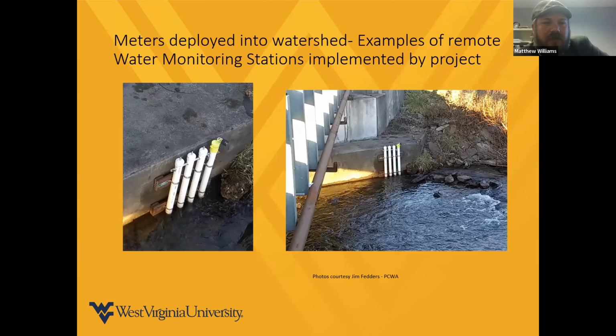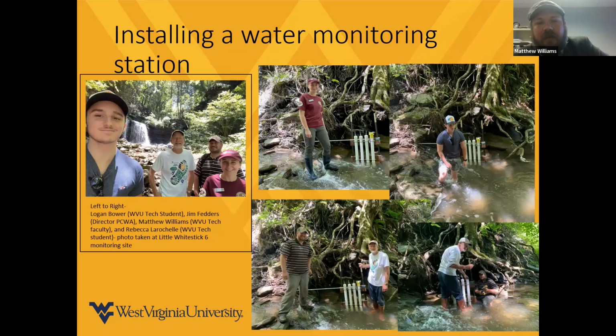I did mention when I started off, we also received funding for these remote water monitoring stations. We did get those implemented. These monitoring stations allow us to have continuous monitoring of things like dissolved oxygen, pH, temperature, and a few other parameters. This is something I integrated the students into.